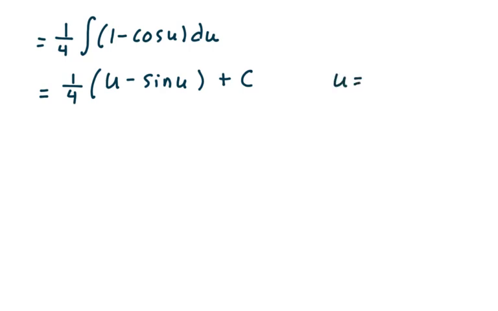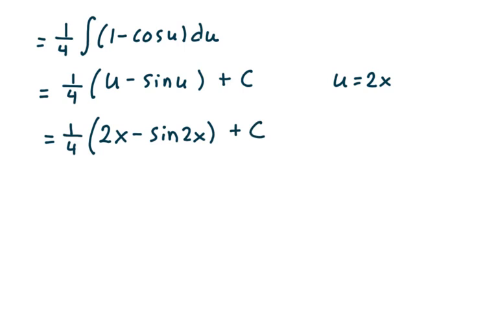But u is 2x. So I'm going to make that substitution back. So I get 1/4 of 2x minus sine of 2x plus c. Okay. Now, remember, 1/4 of 2 is a half, right? 1/4 of means multiply. 2 over 1 is 2 over 4, which is a half.